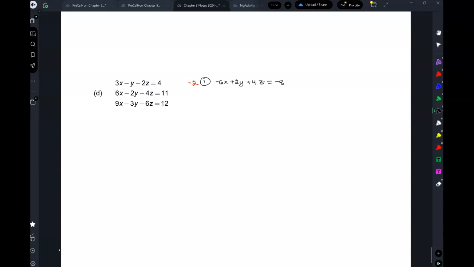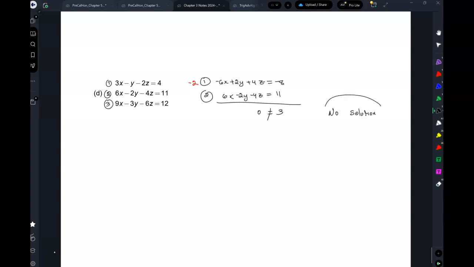And then equation 2, I got 6x minus 2y minus 4z equals 11. Right? So if we do this, you're going to get 0 equal to 3, right? But we know that 0 is not equal to 3. So we get no solution here.